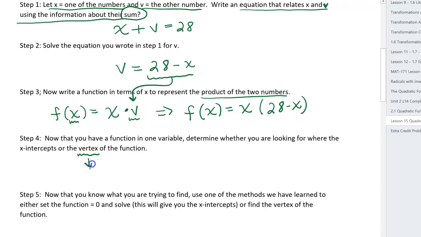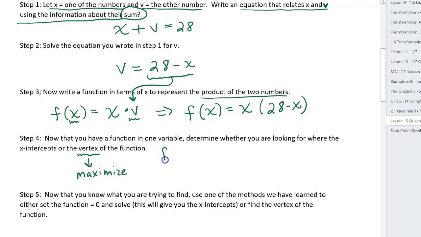So if you ever hear maximum or minimum, that is a clue that you're trying to find the vertex. So if you remember, the x-coordinate of the vertex of a function is negative b over 2a.